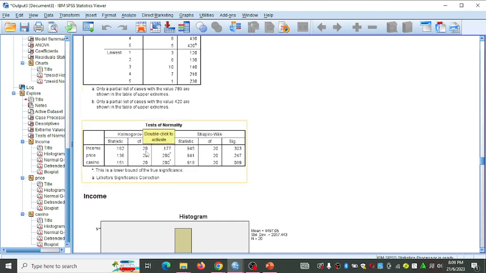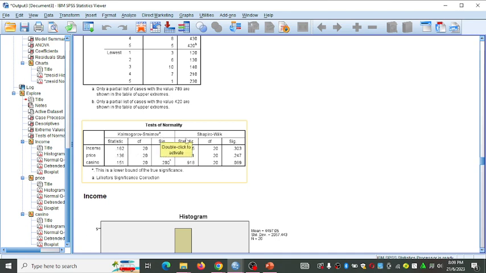In the tests of normality, we have Kolmogorov-Smirnov and Shapiro-Wilk. You will notice that we have significance values for each test, so these are two tests combined.